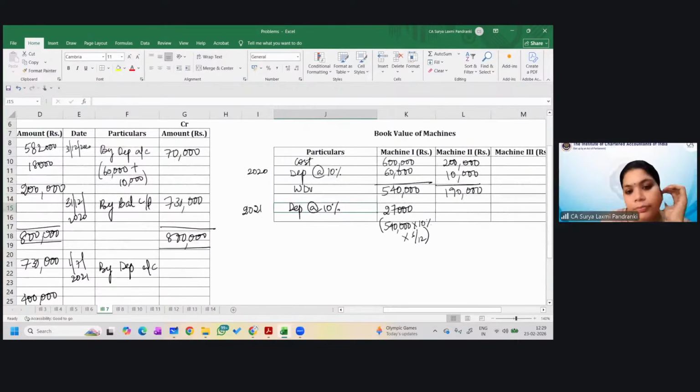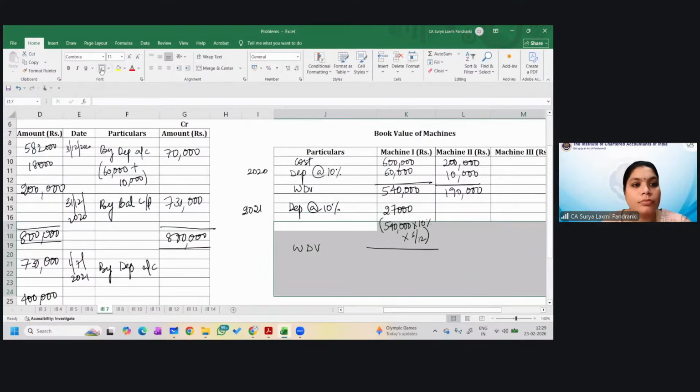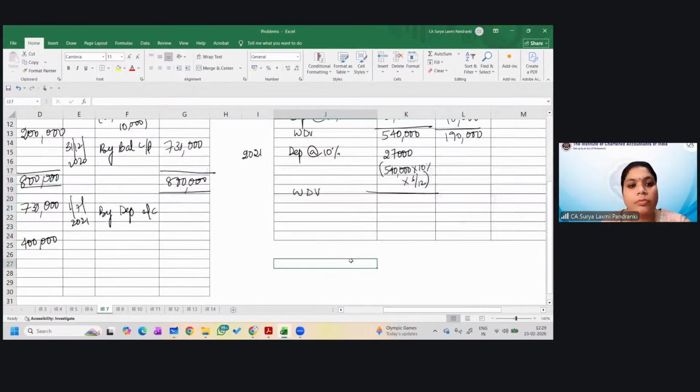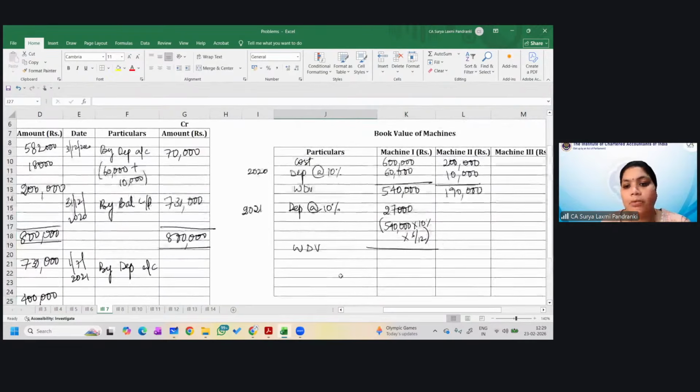Now what is the carrying value or WDV of this machinery? What is the WDV? Please calculate that now. 5,13,000. Okay. 5,13,000.